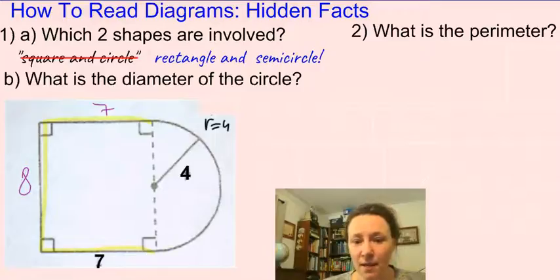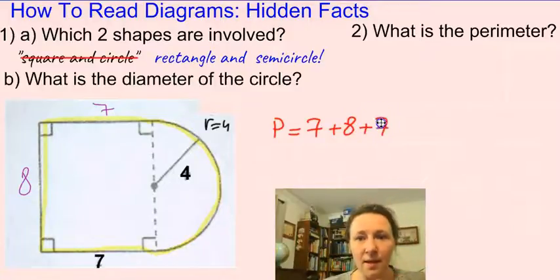So for me, to continue finding perimeter, I have to know enough to include the measure of this curvy length, the length of a semicircle. And I would like to write it down. Perimeter of this shape will equal 7 on the bottom, vertical 8, and then 7 on top.